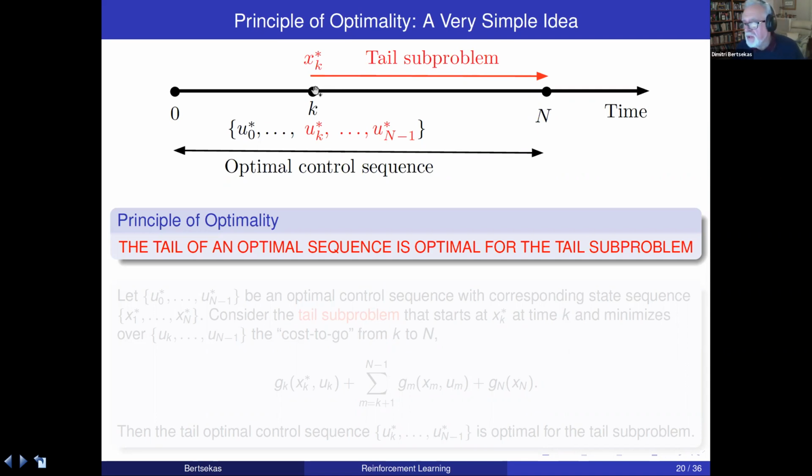What's the optimal solution to this problem? Well, it doesn't take too much thinking to see that the tail portion of this optimal control sequence is also the optimal sequence for the tail subproblem. Okay? That's the principle of optimality, a very obvious idea. The tail of an optimal sequence is optimal for this tail subproblem.